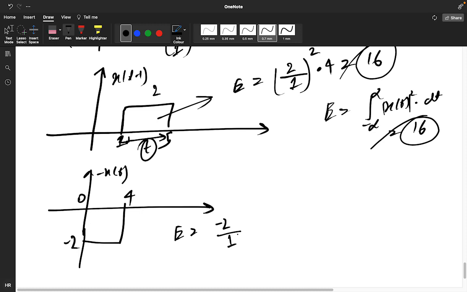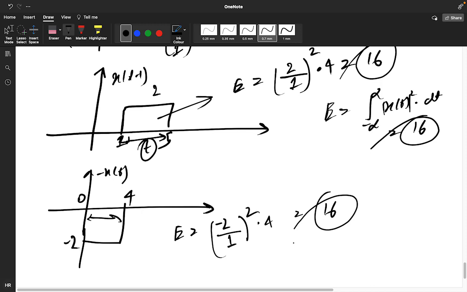If it was a sine wave, we need to divide by root 2. Square it. What is the time period? Time gap 4. So 16. Understood? So energy is independent of time reversal, independent of time shifting, independent of amplitude reversal.